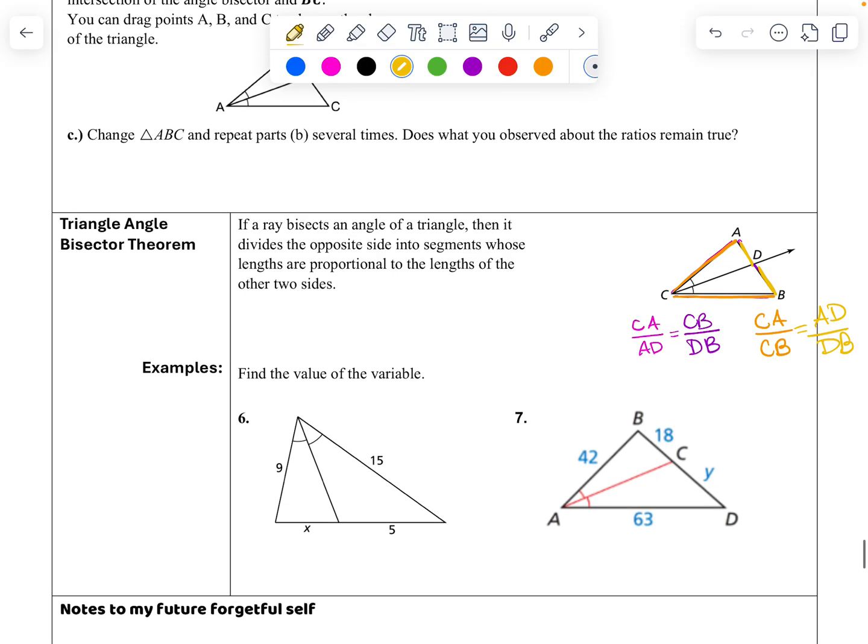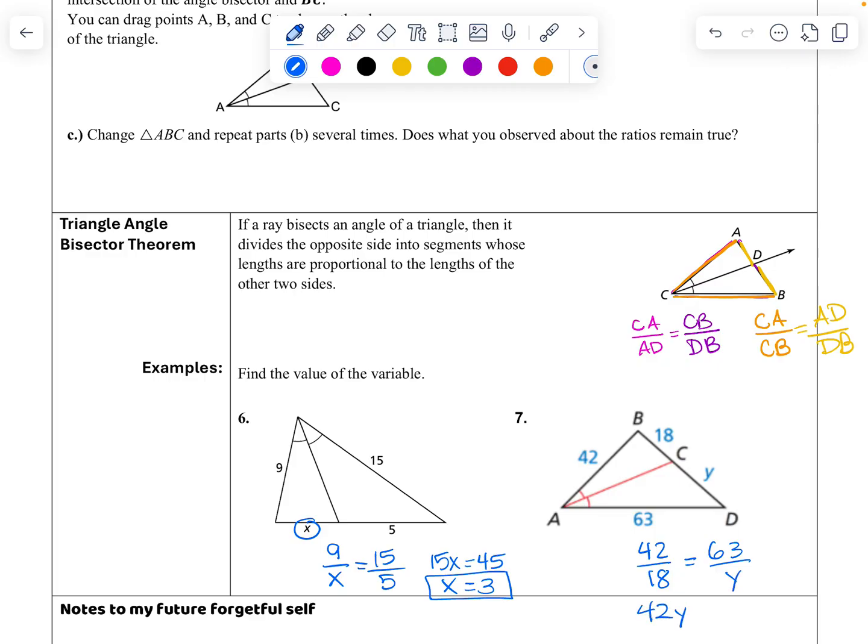Okay, so for number 6, it wants us to solve for x, so I can say that 9 goes with x, just like 15 goes with 5, cross multiply, divide by 15, and I get my missing side, which is 3. Okay, I can do the same thing with number 7. 42 goes with 18, just like 63 goes with y.